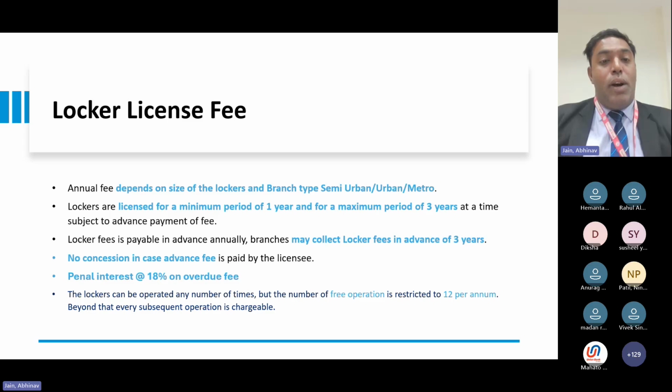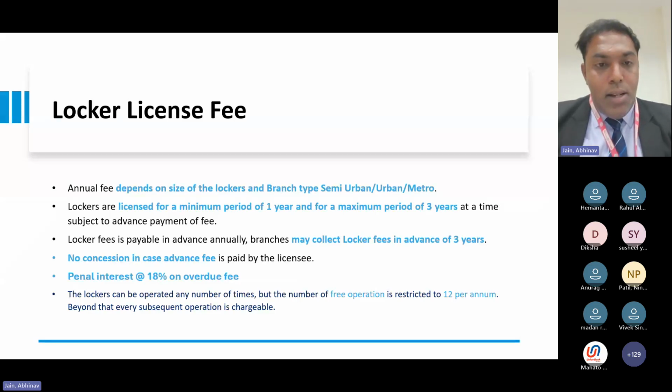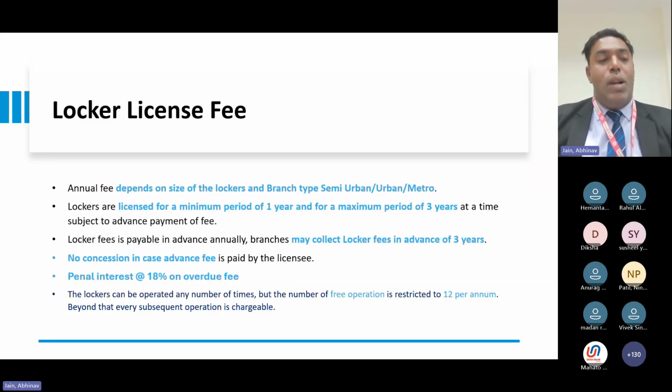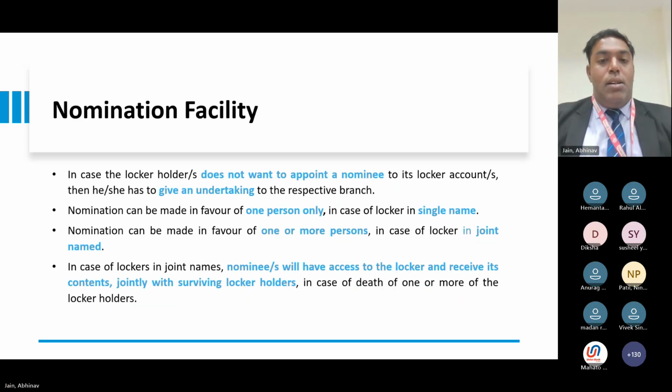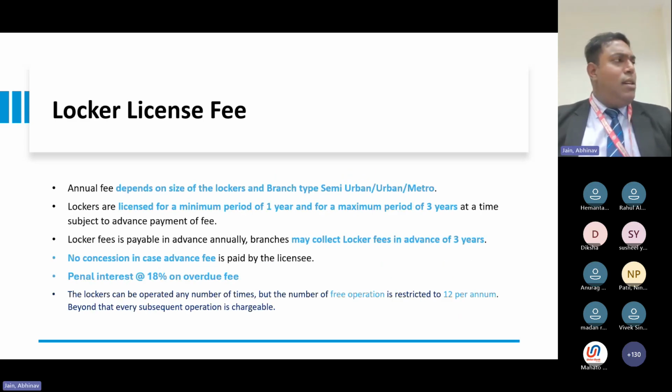If the fee gets overdue, penal interest of 18% is charged. Locker can be operated n number of times, but the free operation is restricted to 12 per annum. Very important question: the free operation allowed inside the locker is 12 per annum. After that, every operation is chargeable, and the charge is 100 plus 18, that is 118 rupees.